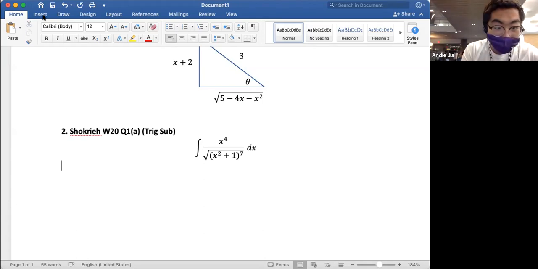For this integral, we also need to use the tricks of.